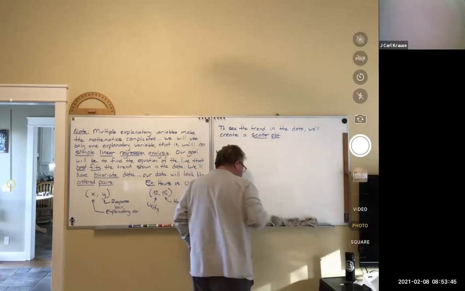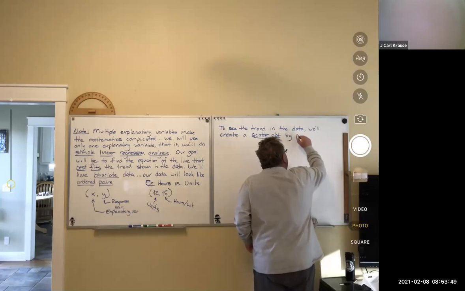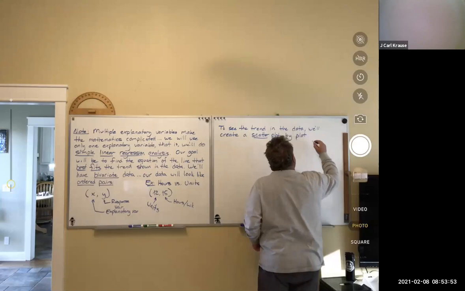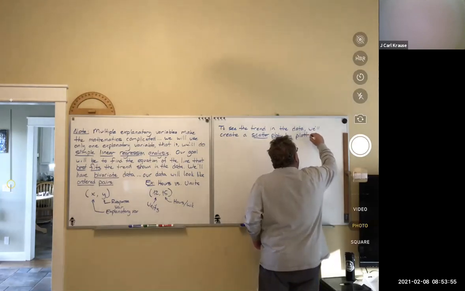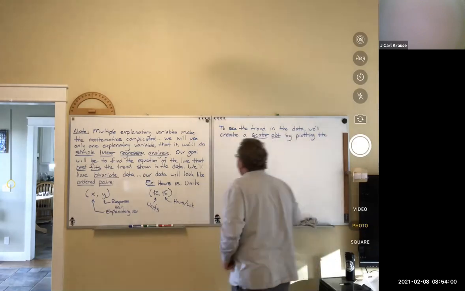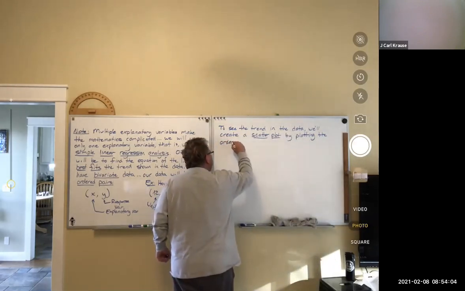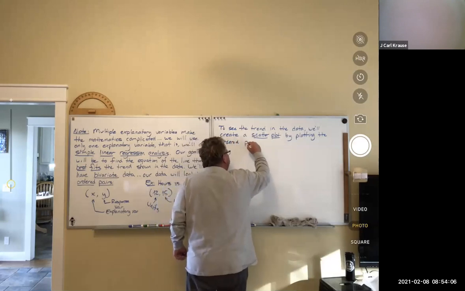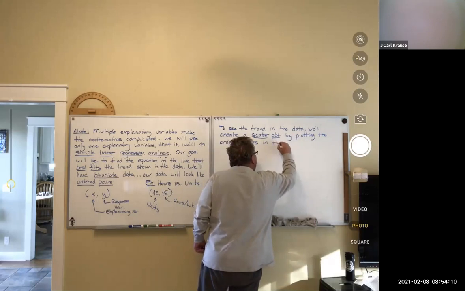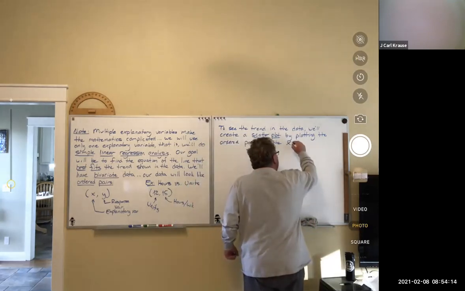A scatter plot, by plotting, has one T or two T's, by plotting the ordered pairs in the XY plane, it's called.